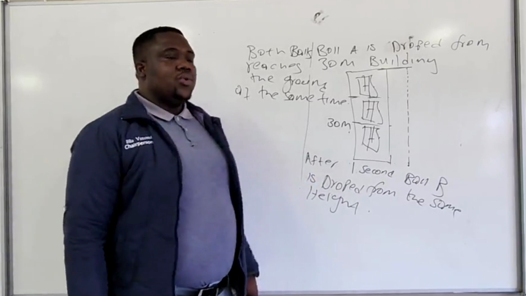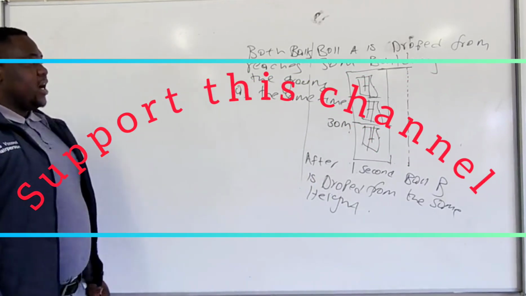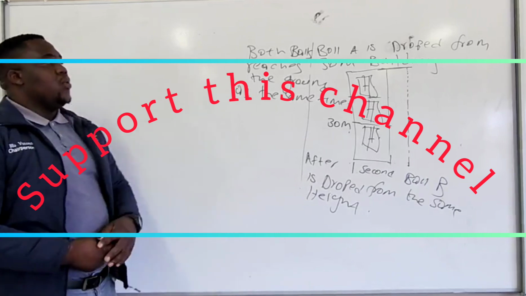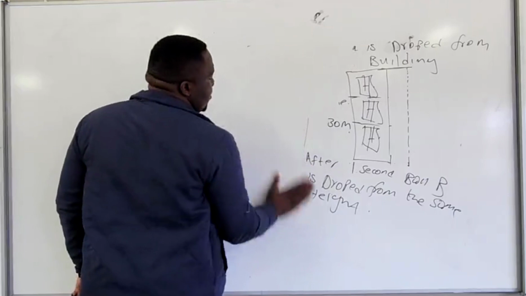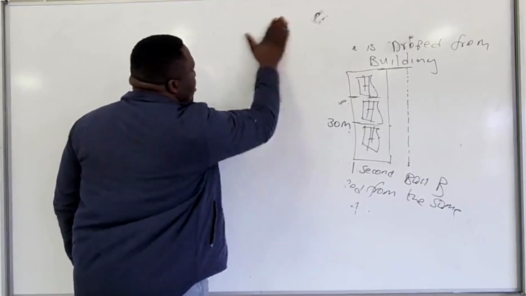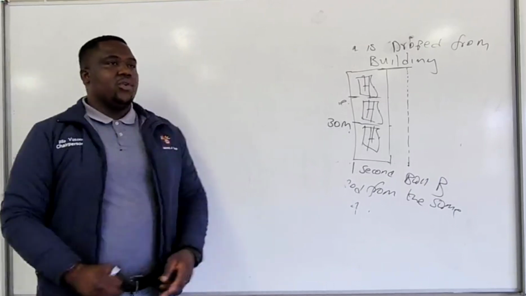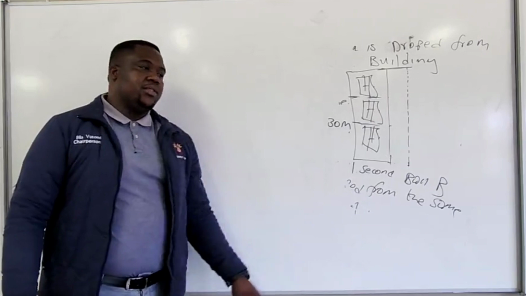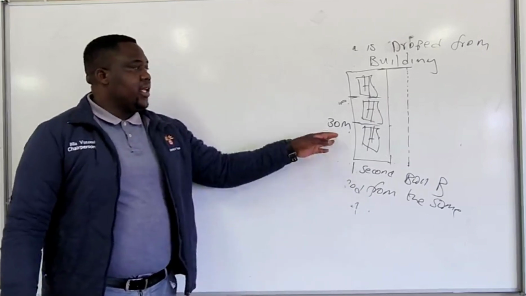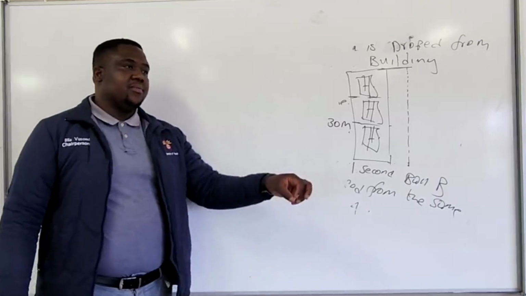So now we need to draw a position time graph to represent that scenario. I hope now you got the scenario. Let me erase so that I can have enough space to represent that. The scenario is that we've got two balls, ball A and ball B. Ball A is dropped down from a 30-meter tall building, then it reaches the ground.